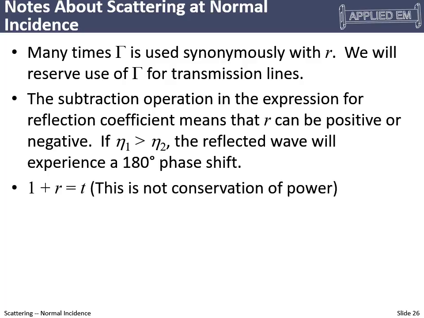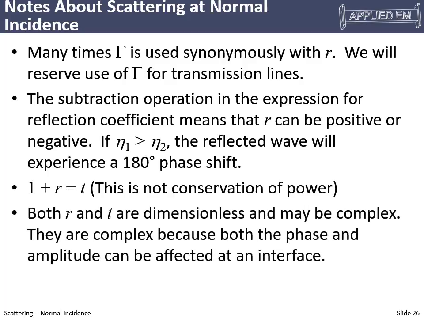We had this little rule that relates our value of R and T, 1 plus R equals T, and remember R and T relate field amplitude, so that is not a conservation of power. That confusion will arise once we talk about reflectance and transmittance, and then we have this equation R plus T equals 1 that looks similar to that, but it's capital R plus capital T equals 1. So when that time comes, don't get confused.